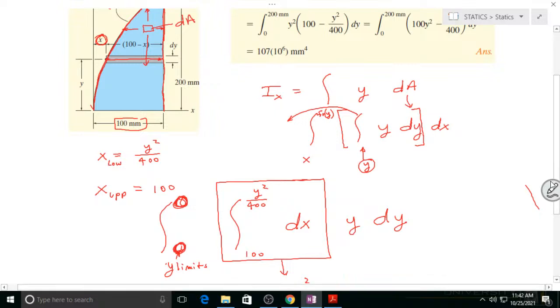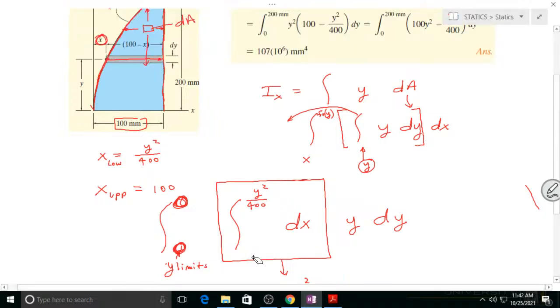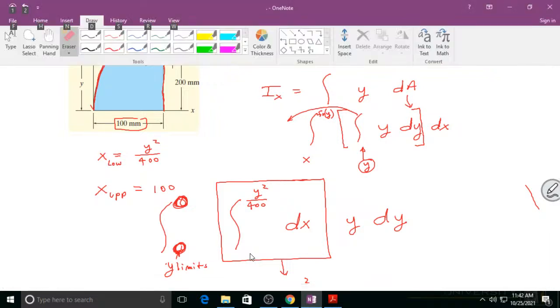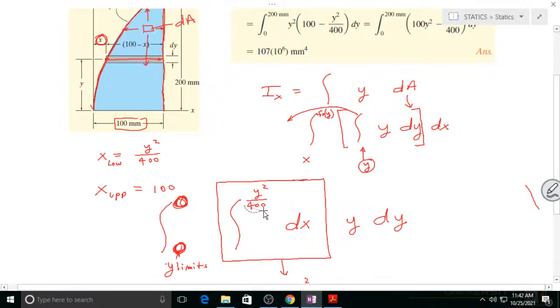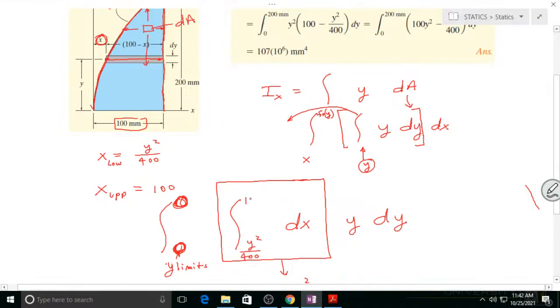This is the lower limit. So let me see if I can use a combination of it goes from and it goes to 100.